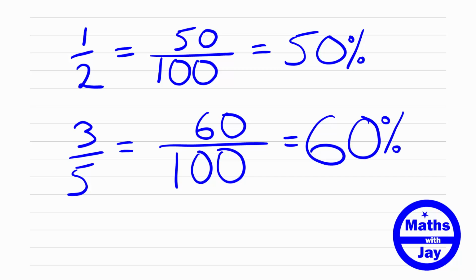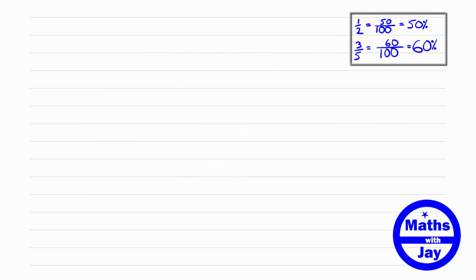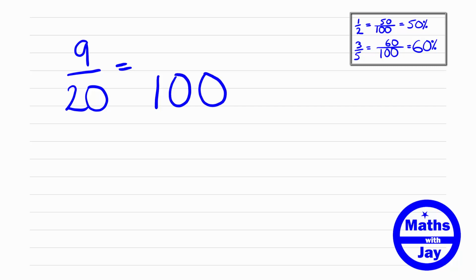Same idea, slightly more difficult because it's not such a usual fraction. We don't often come across 3/5 in everyday life. So let's take that one stage further. We'll leave those at the side so that we can refer back to them if we need to. This time let's have a look at 9/20. 20 still does divide into 100, so we can use the same method.